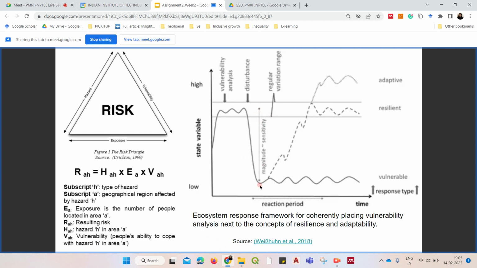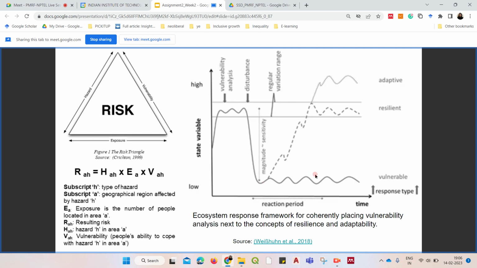So the amount which it dropped due to the disturbance shows the magnitude of the disturbance or the sensitivity of the system to that specific hazard.